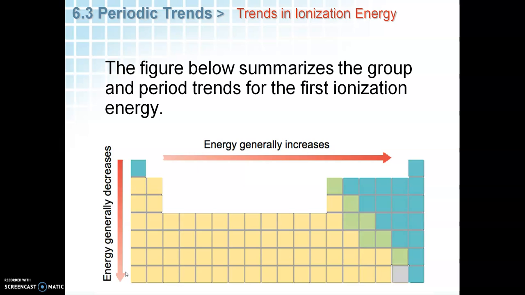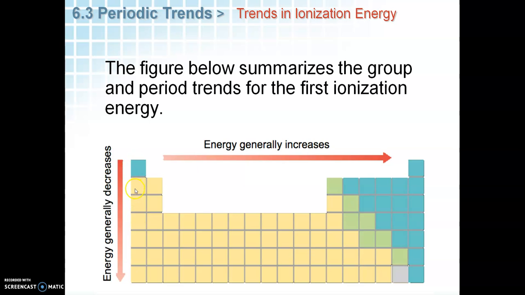In other words, it gets easier and easier to rip electrons out of the atom as you go down a column. Hydrogen holds onto its electron pretty tightly. As you go down, it gets easier and easier, less force needed, less energy needed. By the time you get down here to francium, it's wimpy. Its electrons are so far from the nucleus, you can easily rip them off of it. Okay? So just like in the real world, France surrenders quite easily, right?